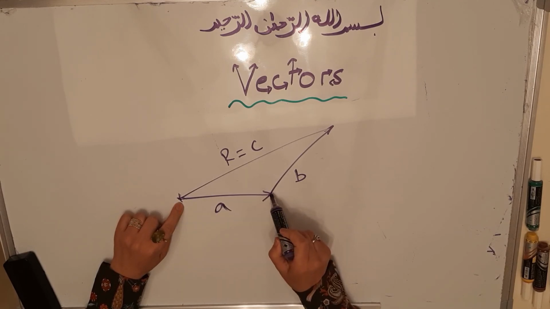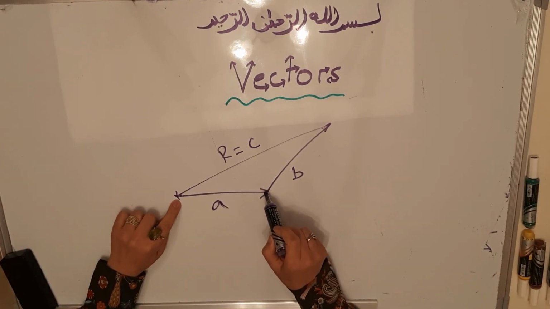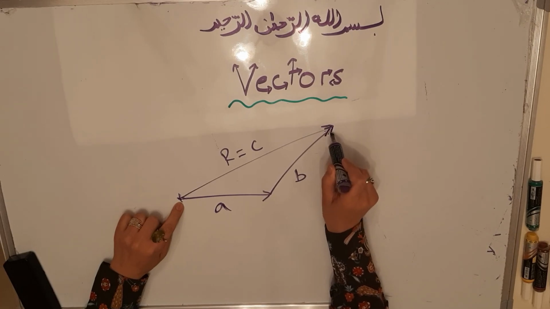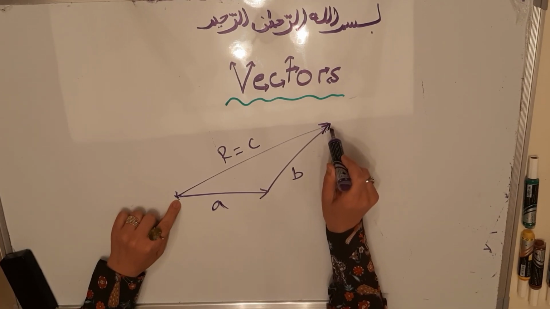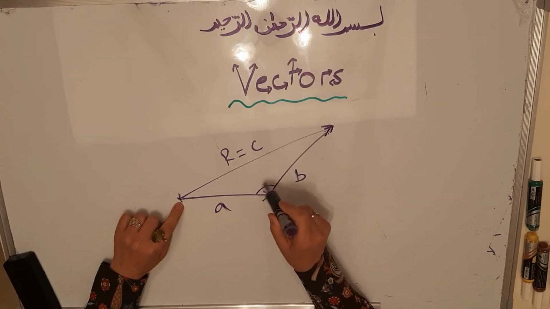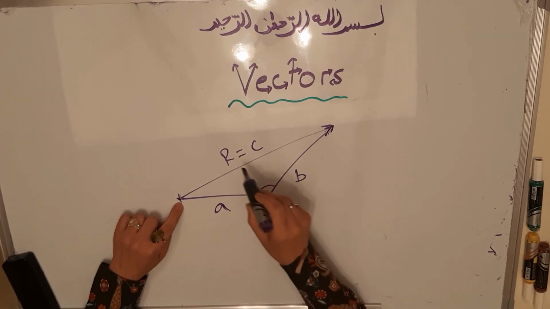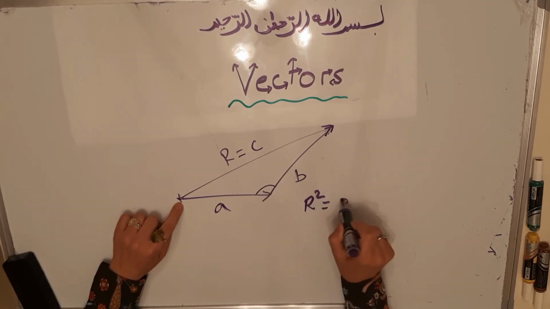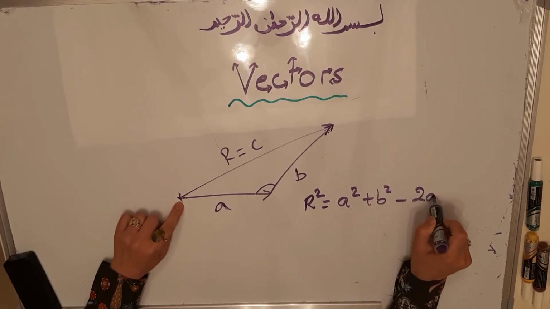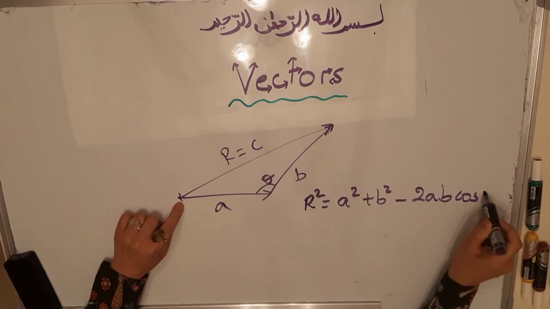We bring the tail of the second vector to the tip of the first, and so the tip of the resultant is also going to coincide with the tip of the second vector. And then this angle here, if it is called C or theta or whatever, r squared is going to be a squared plus b squared minus 2ab cosine theta.